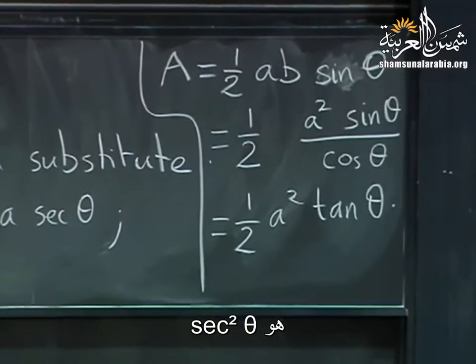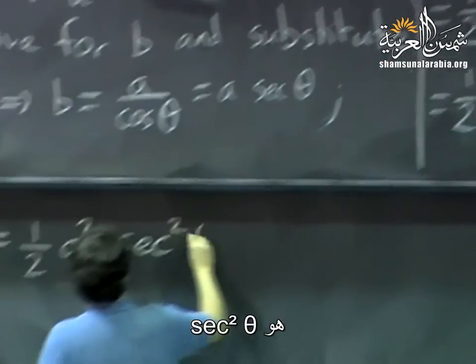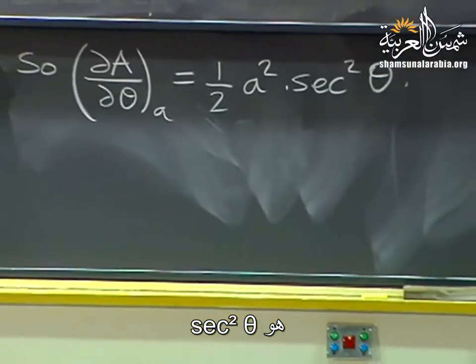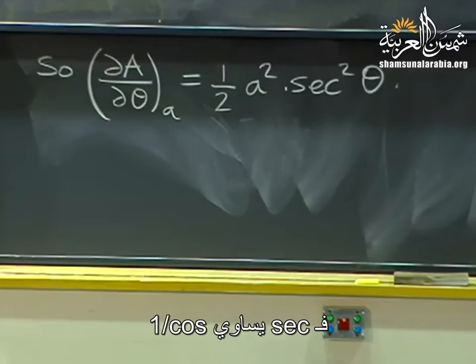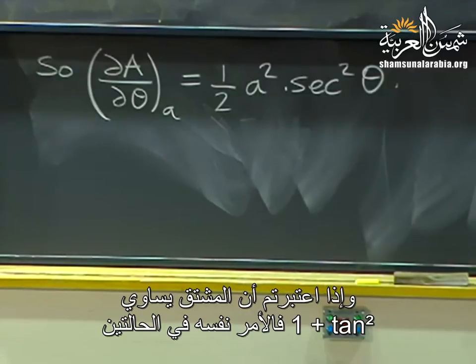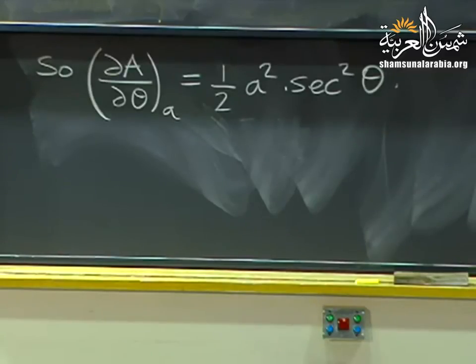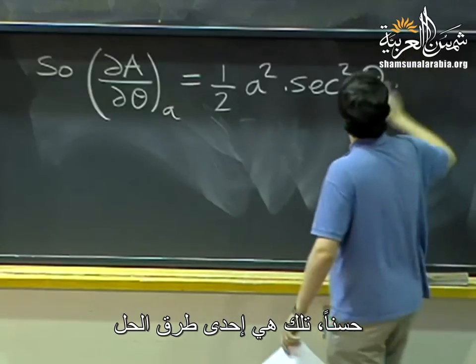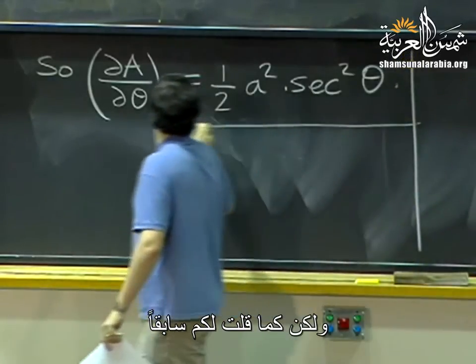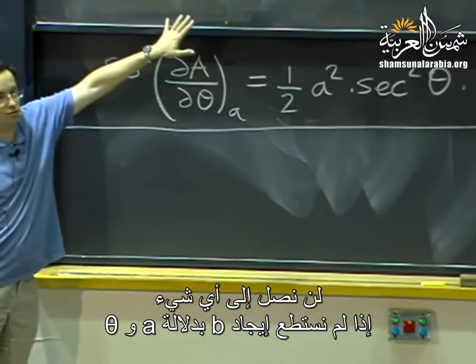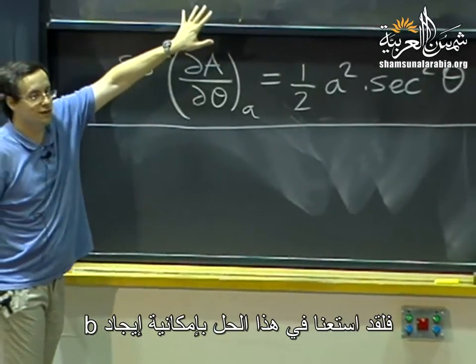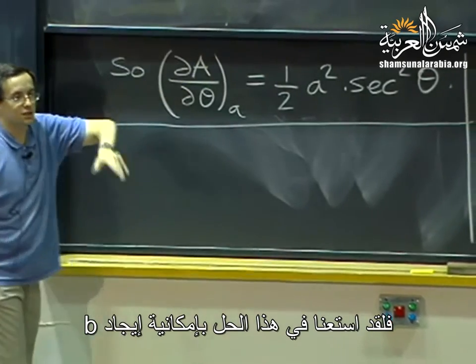Secant squared. Very good. If you're European and you've never heard of secant, that's 1 over cosine. And if you know the derivative as 1 plus tangent squared, that's the same thing, and it's also correct. Okay, so that's one way of doing it. But as I've already said, it doesn't get us very far if we don't know how to solve for b. I mean, we really used the fact that we can solve for b and get rid of it.